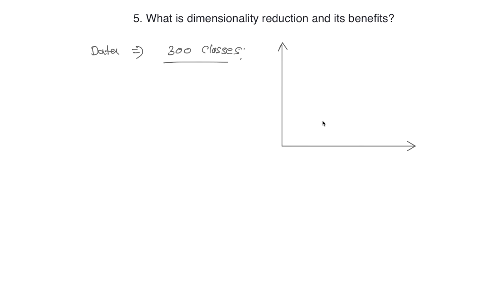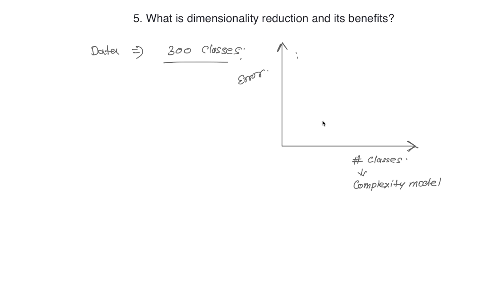Let's say you have a high number of classes. Then it will also result in high complexity of a model. Let's say this axis represents the complexity of a model and this one represents the error.